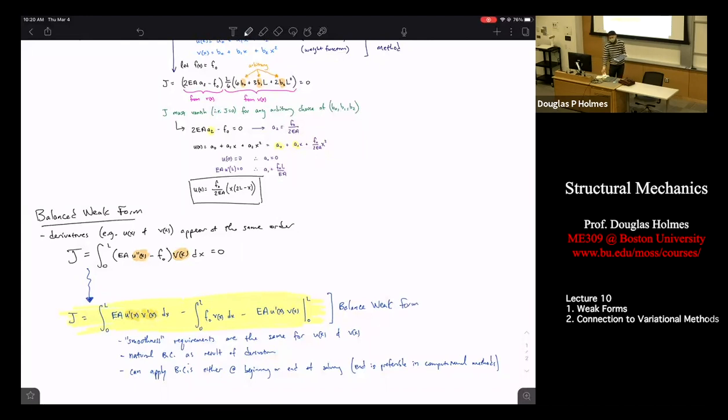This is what all your finite element solvers are doing. Whether you know it or not, they're solving the balanced weak formulation of your problem. And they're solving this balanced weak formulation for primarily computational reasons, meaning this balanced weak form allows the same continuity of our guess functions.